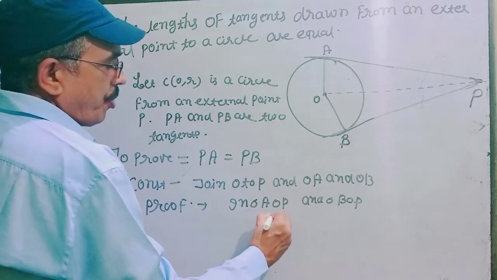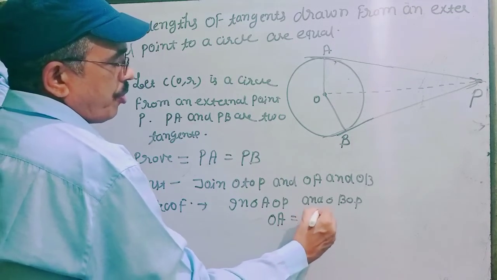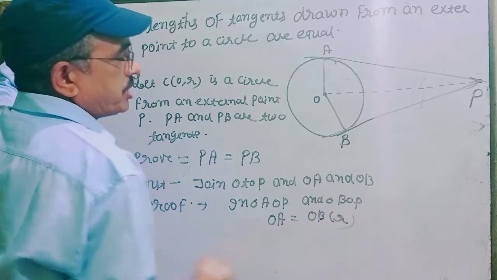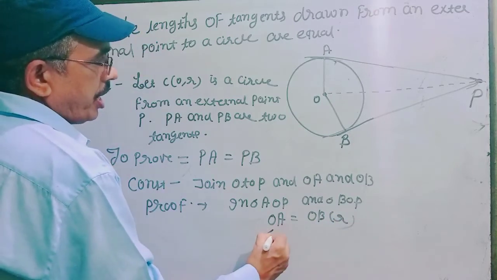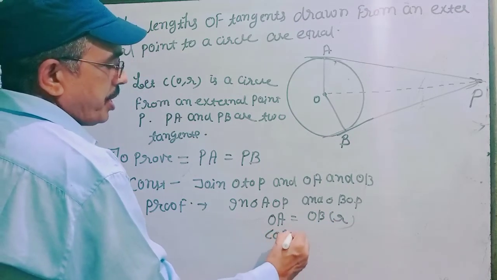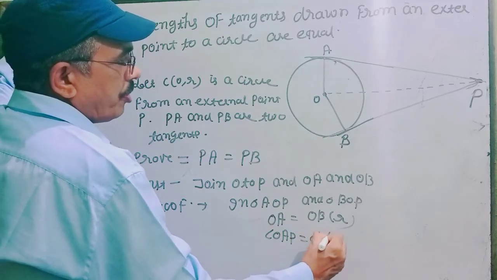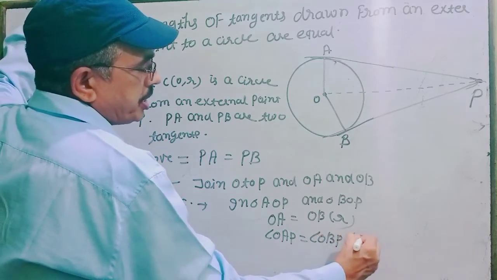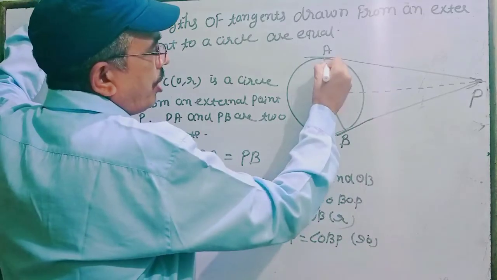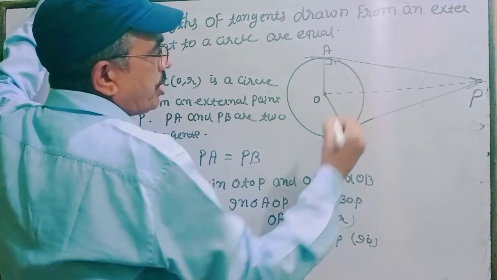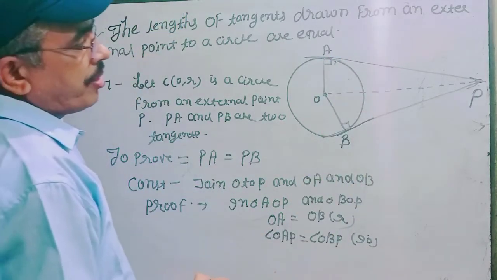Here given OA is equal to OB due to radius, and angle OAP is equal to angle OBP. It is 90 degrees because the radius is perpendicular to the tangent at the point of contact.